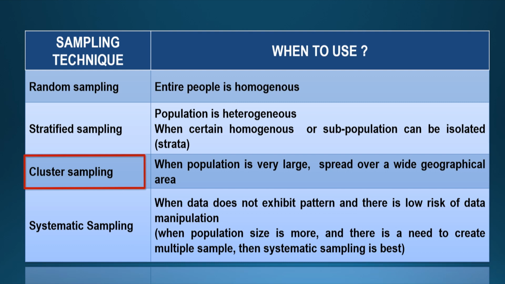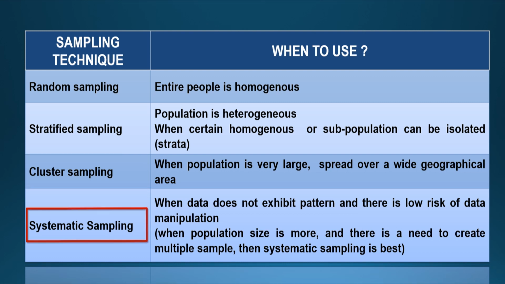Cluster sampling is used when the population is very large and spread over a large geographical area. And systematic sampling needs to be used when data does not exhibit a pattern and there is low risk of data manipulation. When the population size is large and there is a need to create multiple samples, then systematic sampling is the best approach to be used by the researcher.